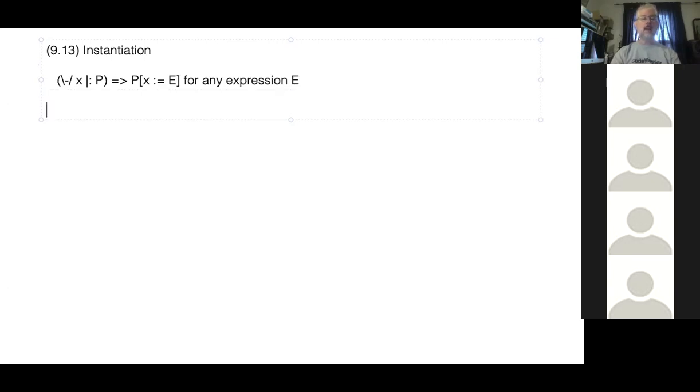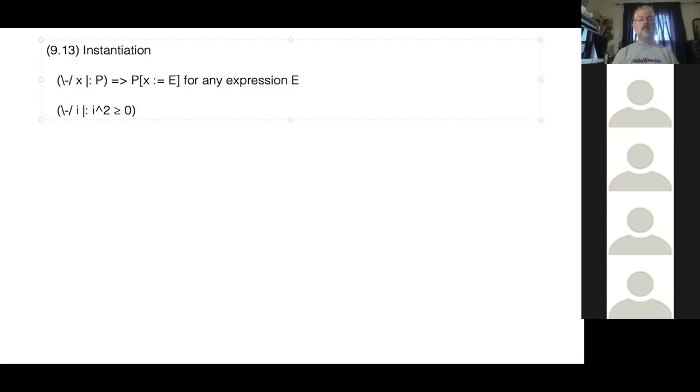So what does it mean? Well, let's look at an example. Let's say we know that i squared is at least 0 for any i in, say, the real numbers.